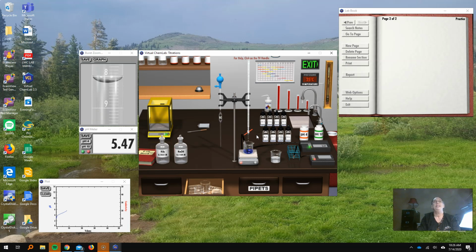There's your blue, so you're going to see in a bit that equivalence point on the graph.